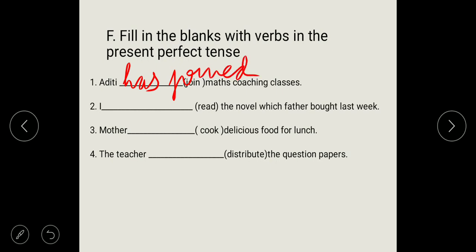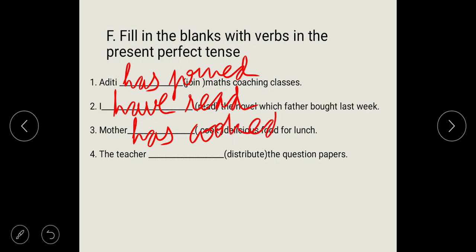With I we use I have, and read's third form is read. Mother has cooked. The teacher has distributed.